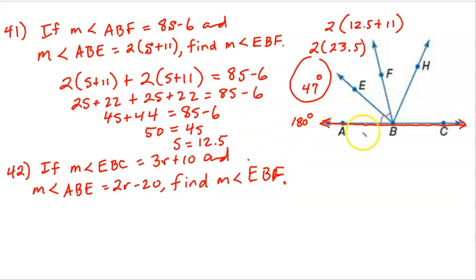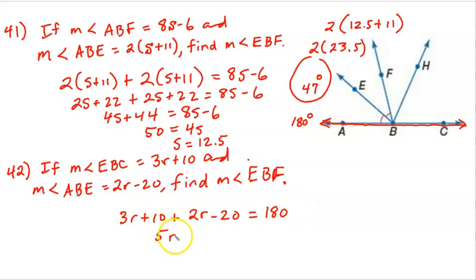So we can take our two angles, EBC and ABE, added together, and they should equal 180.